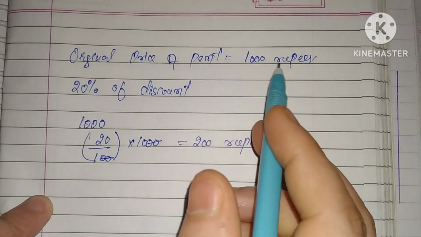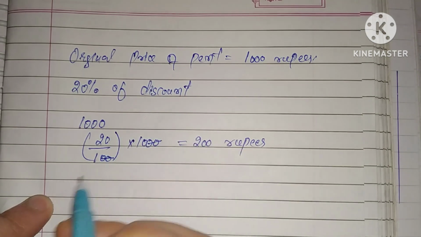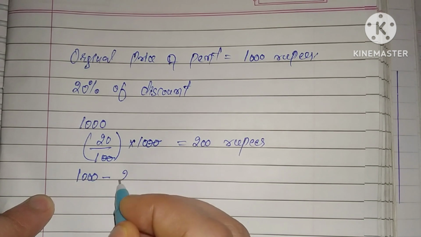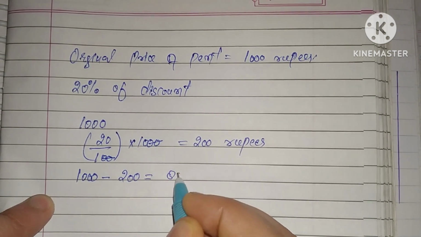Now the amount you have to pay for the pant will be the original 1000 minus 200, that will be 800 rupees.